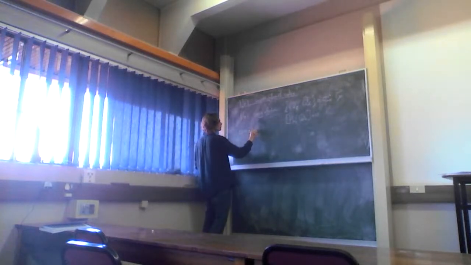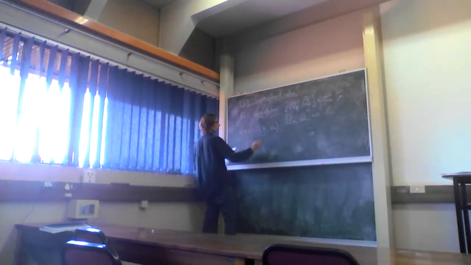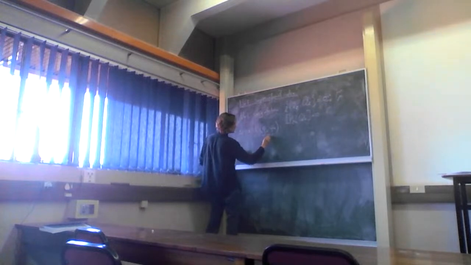And then there are two multiplets of the N equal to 1 supersymmetry algebra. We have the chiral multiplet, which consists of a complex scalar and a complex Weyl fermion. This is the chiral multiplet.